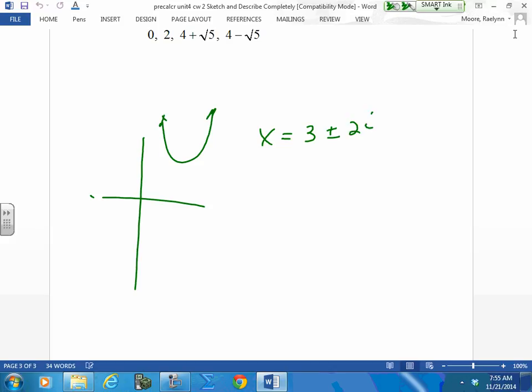Let's say those are my imaginary roots. I don't even know if it's going to look like this parabola, but let's just say those are my imaginary roots. That means I have a parabola. I still have the x squared, ax squared plus bx plus c. I still have the same thing, but it doesn't touch the x-axis.